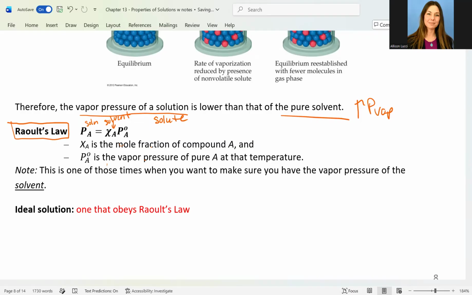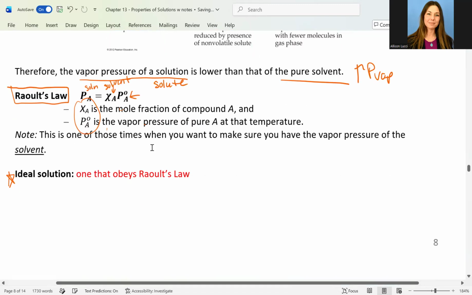And then we multiply that mole fraction of the solvent by the vapor pressure of our pure solvent. So these variables are defined here. And we can also note this definition of an ideal solution. When we refer to an ideal solution, it will be one that obeys Raoult's law.